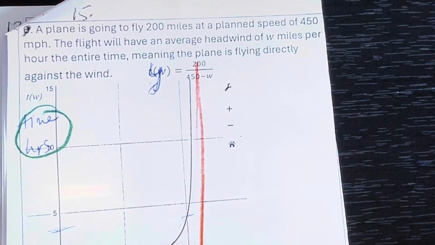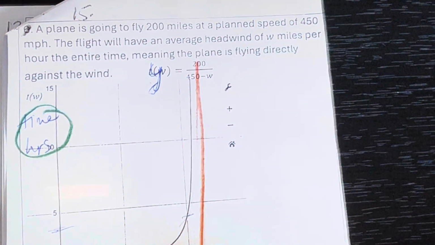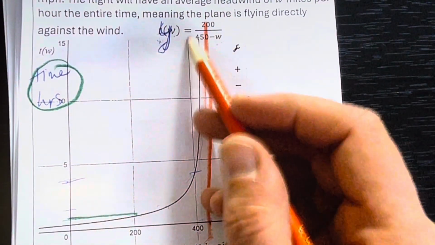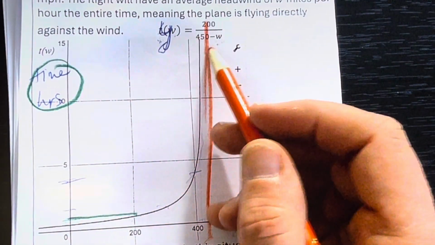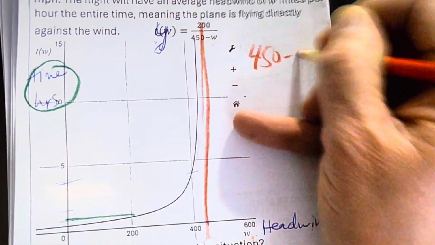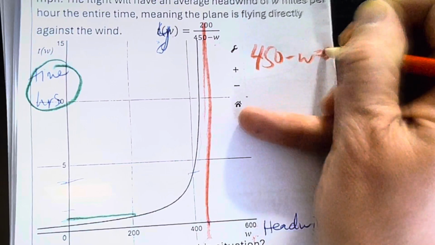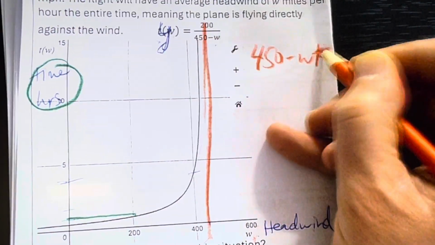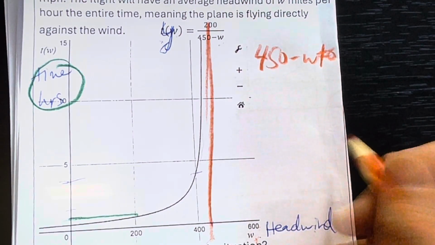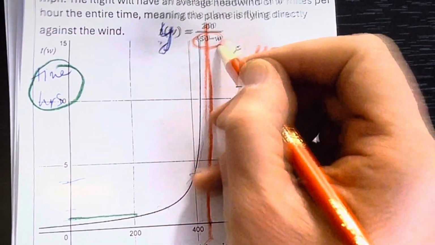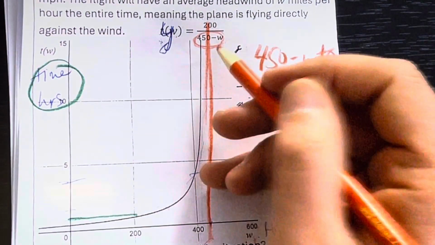And this comes from having a value of W that would make this fraction undefined. So we can say something like 450 minus W equals 0. And we'll say that it actually can't equal 0. Meaning that we can't get this total to equal 0. That is not what we want because our answer will be undefined.